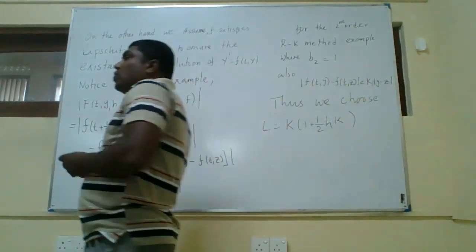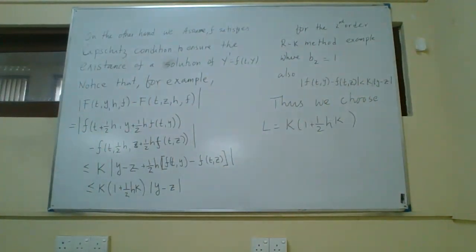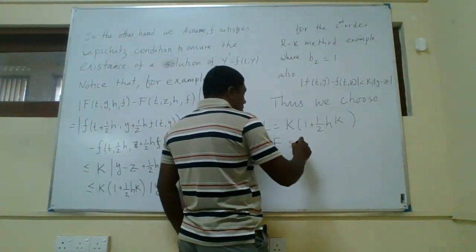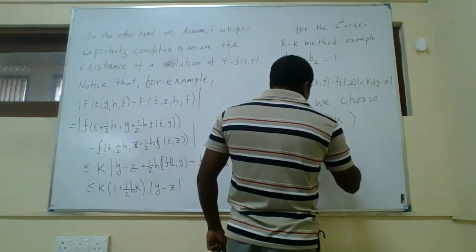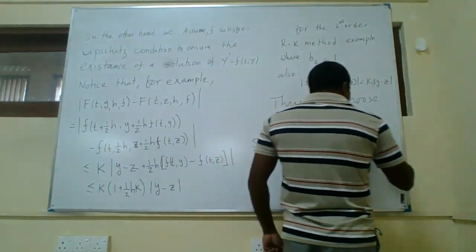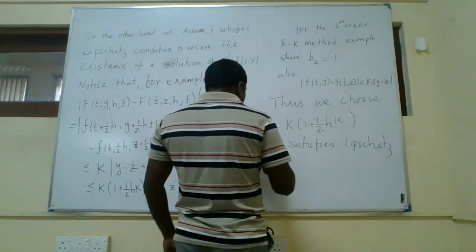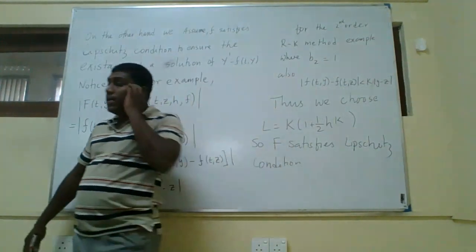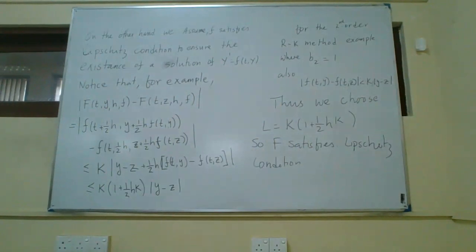So in this case, if you choose your L as k times 1 plus half of h times k, then that means we can say capital F satisfies the Lipschitz condition, and based on that, we can always try to derive a convergence condition.